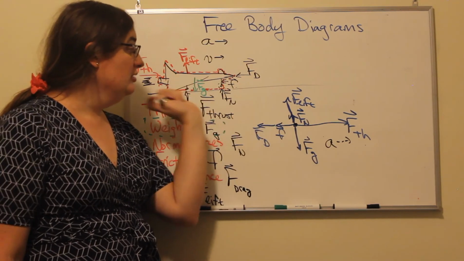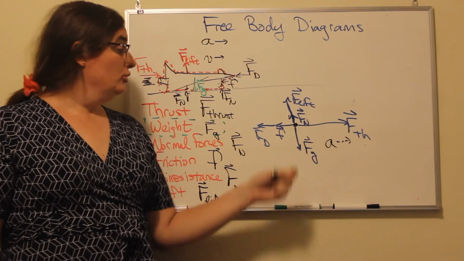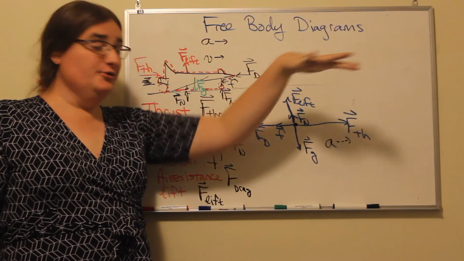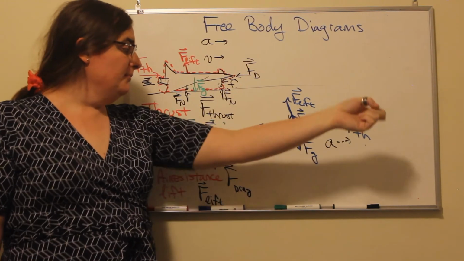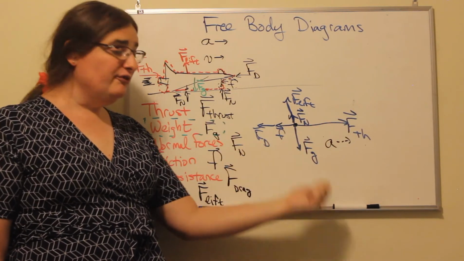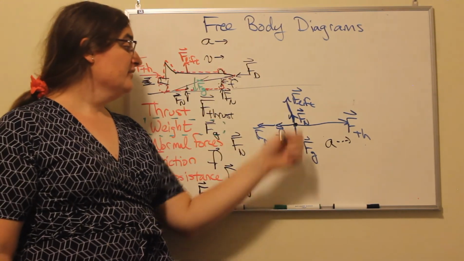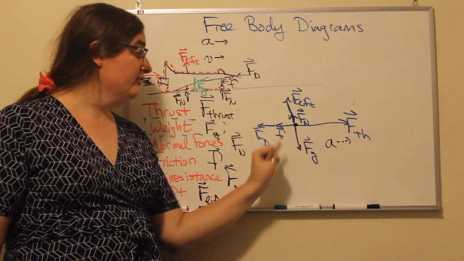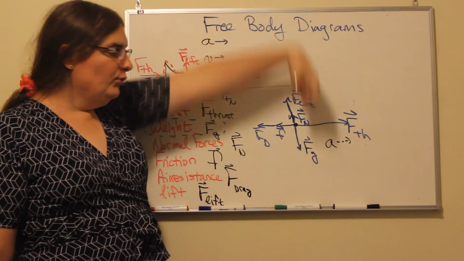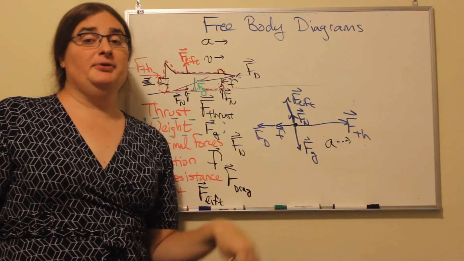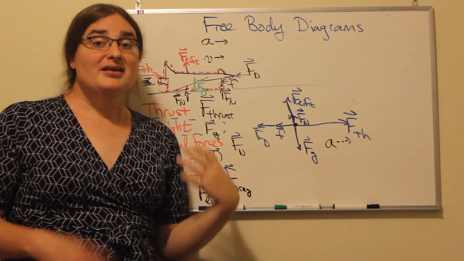So for this plane, once it gets off the ground and is flying at a constant cruising altitude, the thrust would be pushing forward as the drag force is pushing backwards, with those two forces balanced. There'd be no normal force off the ground, but the lift upward would be balancing the weight of the plane downward. Thanks for watching.